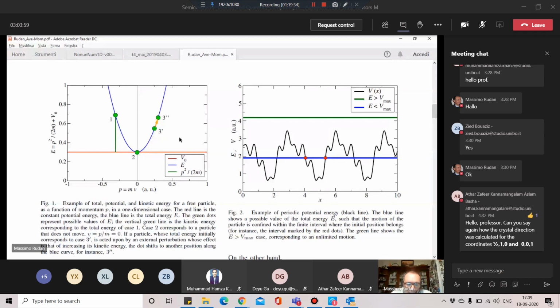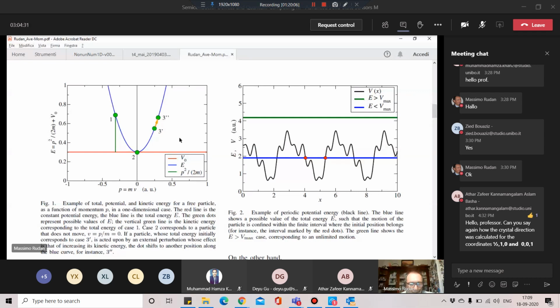You remember, the force is minus the derivative of the potential energy. If there is no force in this example, that means that the derivative of the potential energy must be equal to 0. So the potential energy is equal to any constant, okay? So assume that the potential energy is equal to some constant that we call V0, okay?